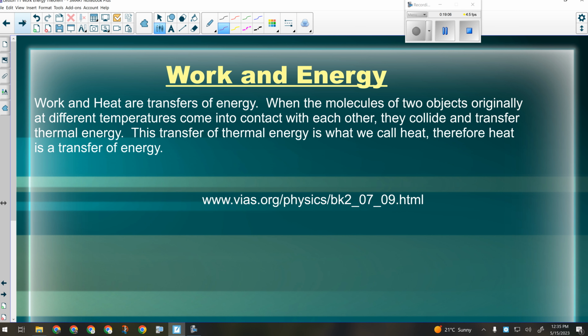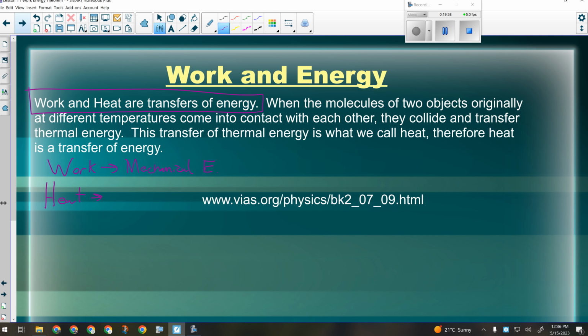All right, now, we talked about this also on like the second day of this unit. Work and heat are both transfers of energy. Work deals with mechanical energy, whereas heat deals with what kind of energy?